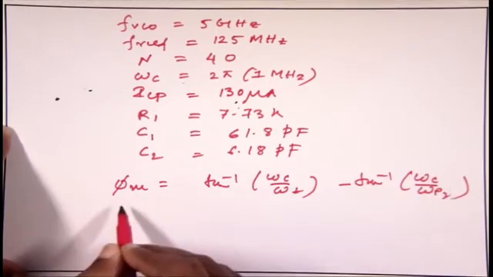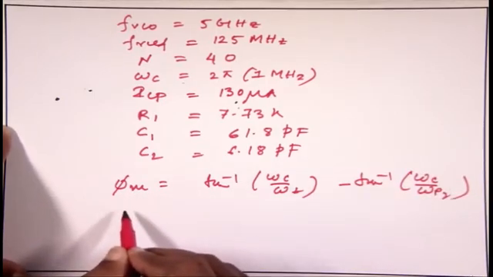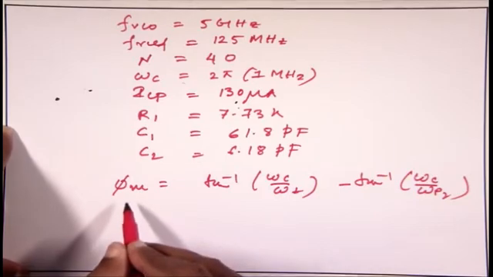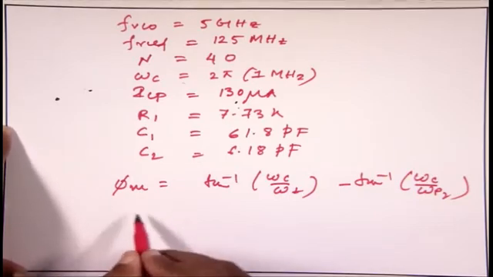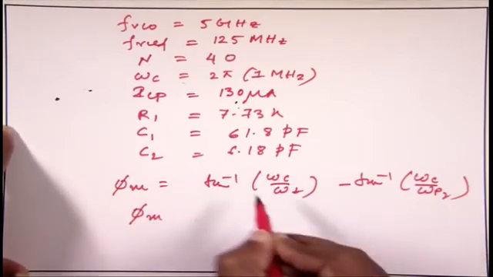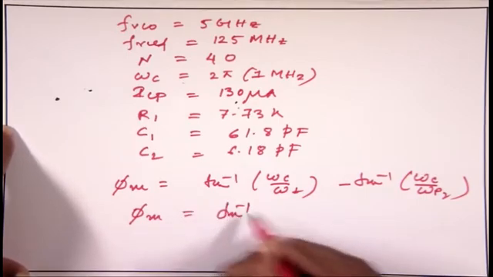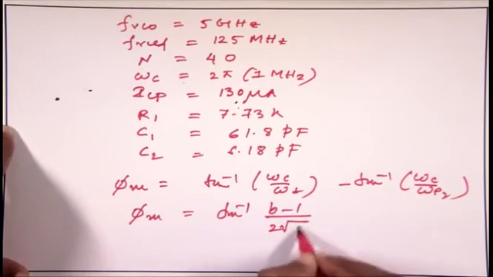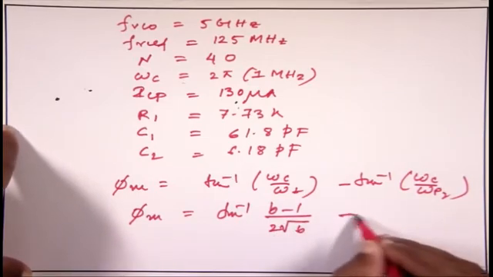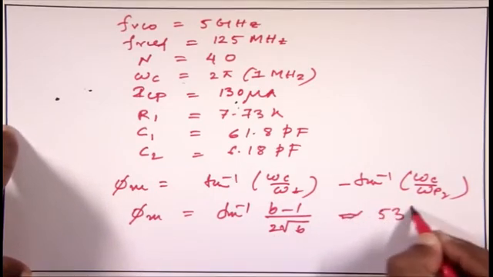So when you take the derivation and find the maximum phi m, the phase margin, you get the optimum phase margin after putting the omega c value. So you should get around tan inverse of b minus 1 by twice root b. So it comes to approximately 53 degree.